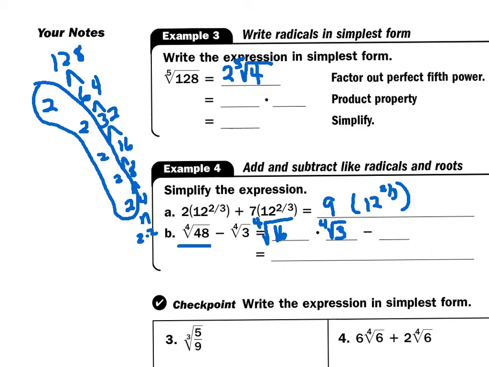Because I know that the 4th root of 16 is 2, times the 4th root of 3, sorry. And then I still have my 3 here to the 4th root.